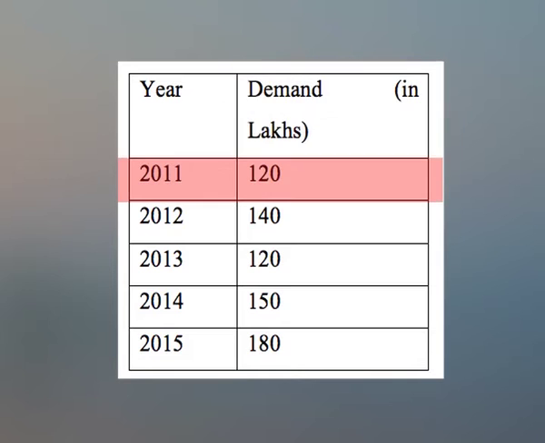For the year 2011, it is 120, that is 1,20,000. Then for the year 2012, it is 1,40,000. For the year 2013, it is 1,20,000. For the year 2014, it is 1,50,000. Then for the year 2015, it is 1,80,000.